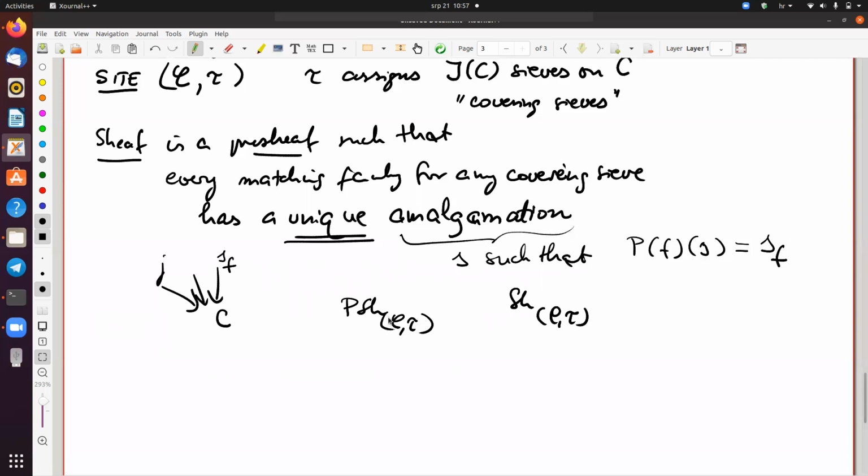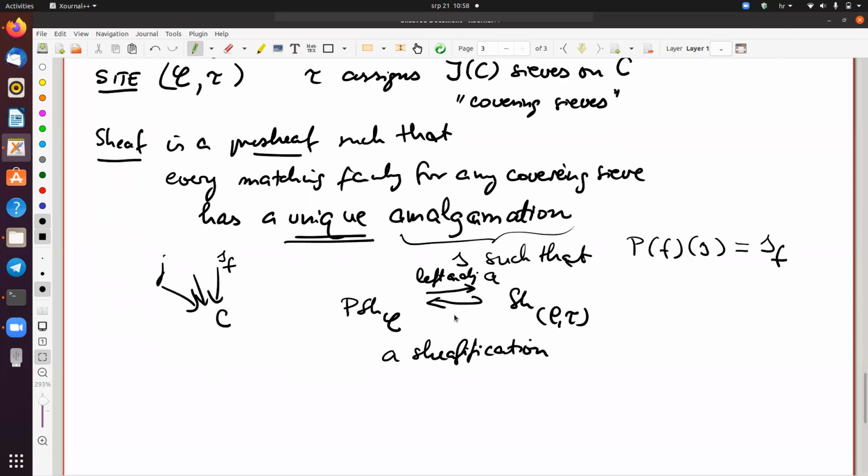Here I could simply not write tau, because pre-sheaf has nothing to do with tau. I can write it, but I don't need to. And there is an inclusion. This inclusion has a left adjoint, which is the analog of what we had above, and this left adjoint A will be called the sheafification.